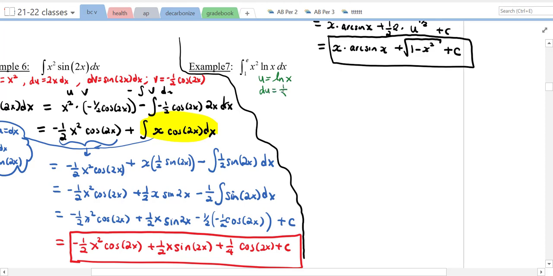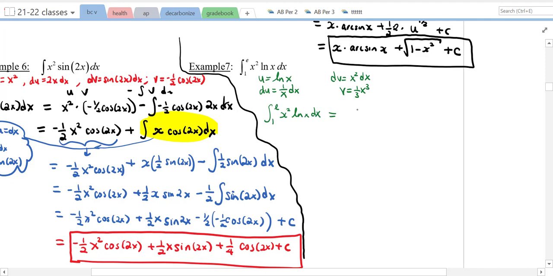Remember LIPET? So ln x is what you should be choosing for u. So the integration of 1 to e x squared ln x dx is uv.